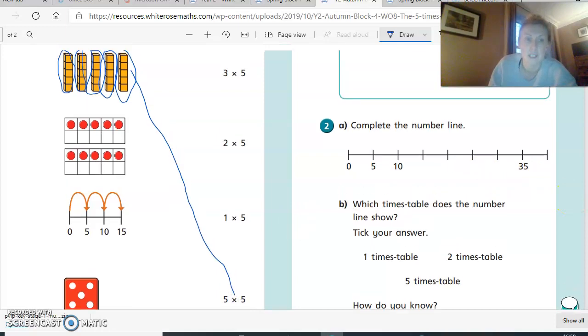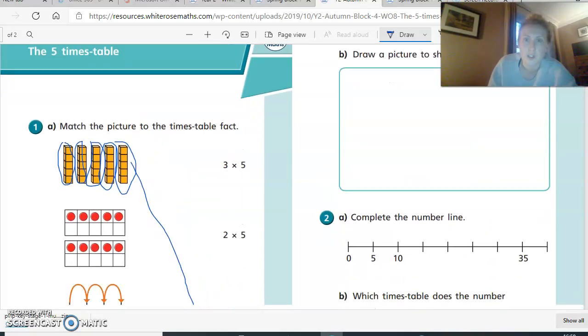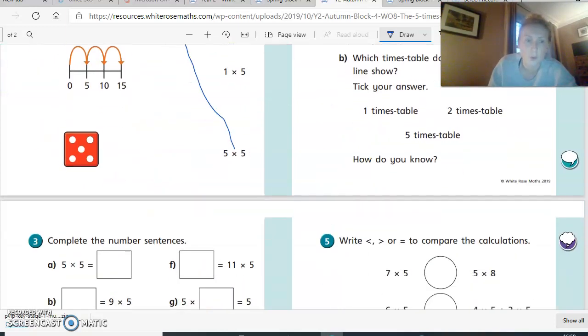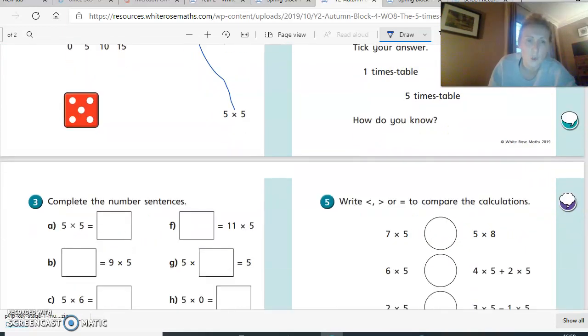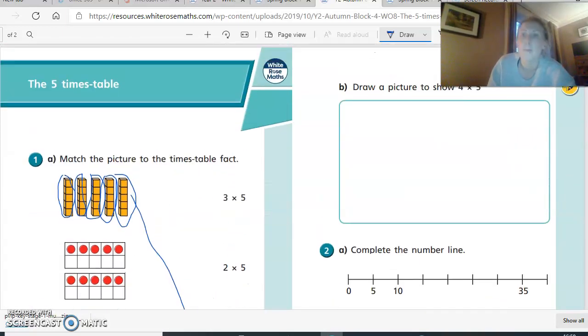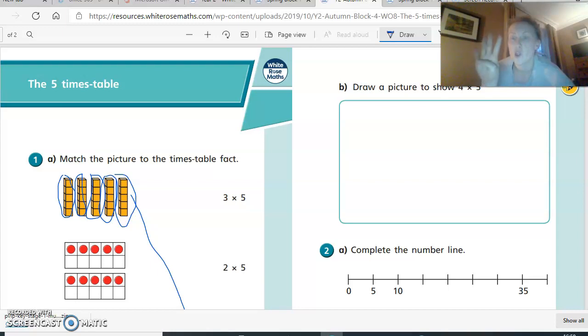Okay, I'm going to let you get on with the other ones, okay? So question 2. Oh, B. Draw a picture to show 4 times 5. So I want you to show me 4 groups of 5. So 4 groups and 5 in each group.